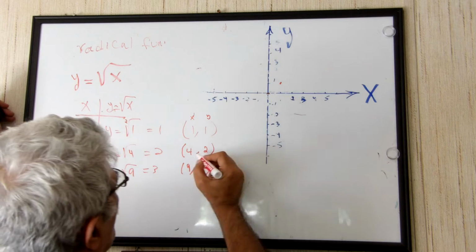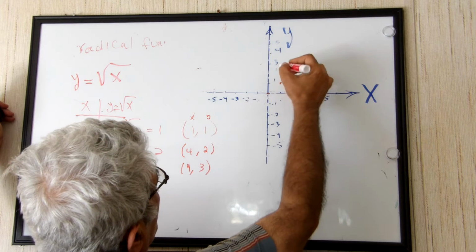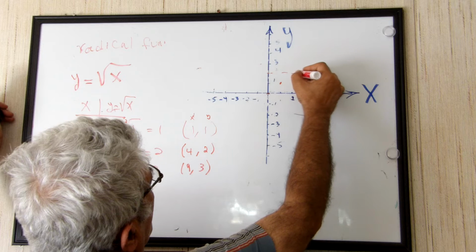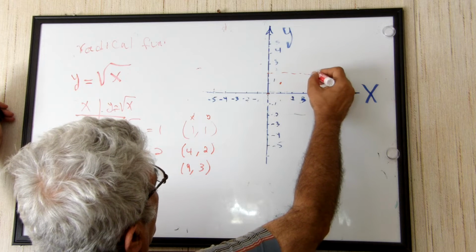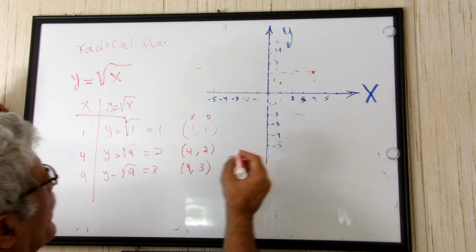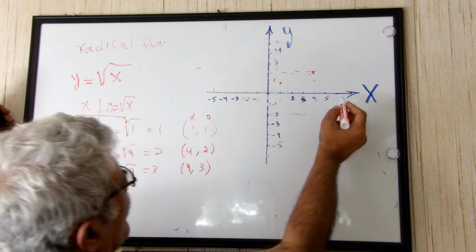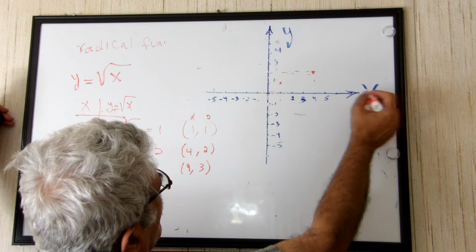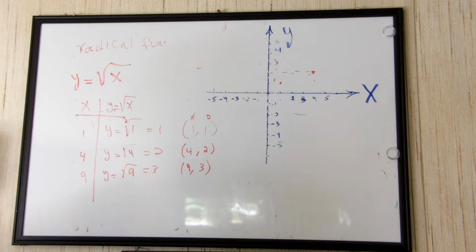So x 1, y 1; x 4, y 2, 2 is here. It's going to be here. Okay? The second point. The third point, 9. Oh, this is 5, and well, you don't have to find the other one.